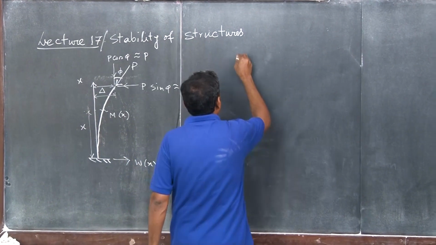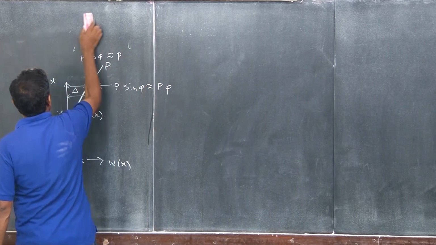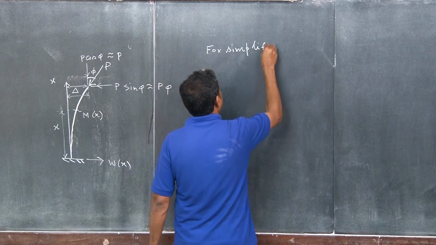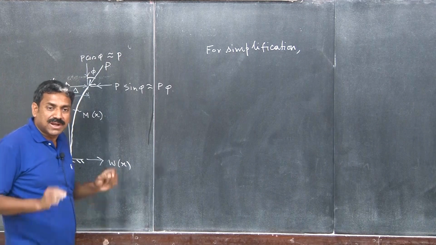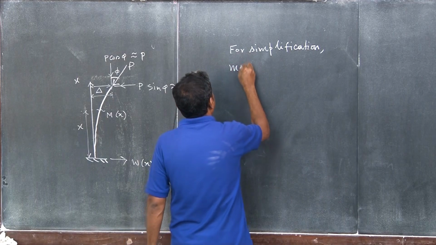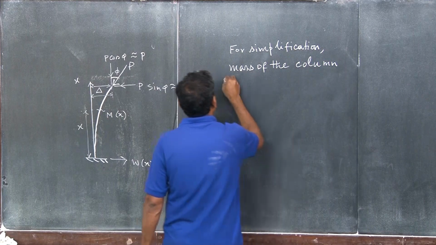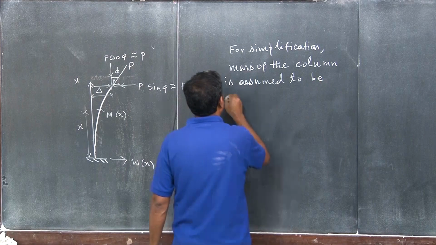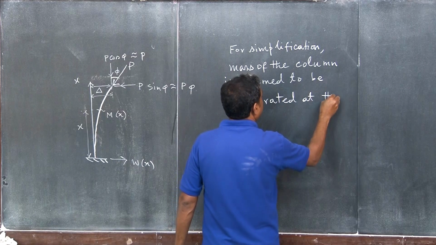So for dynamic analysis, for simplification, we have considered the elasticity distributed, but let us assume that the mass of the column is concentrated at the tip of the column.